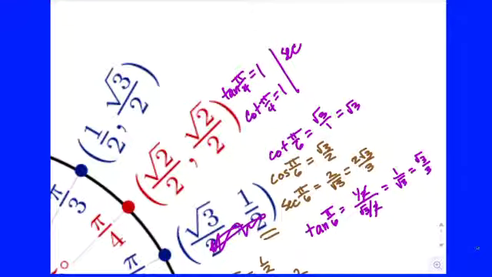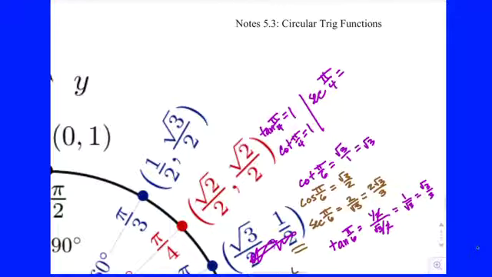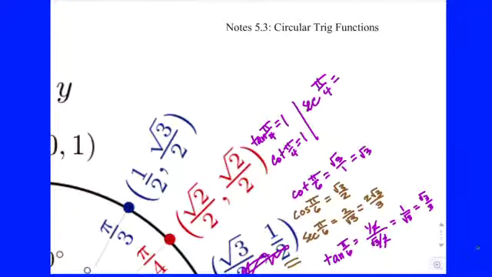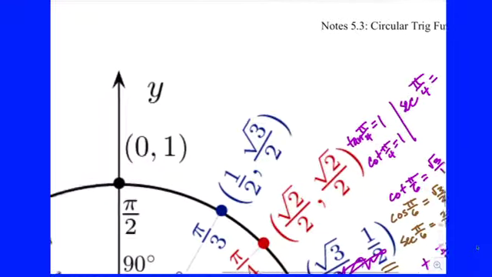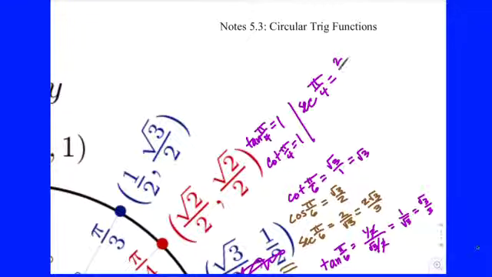How about secant of pi over 4? Which one are we flipping for secant? The x or y? X. It's the reciprocal of cosine. Well, what do you get when you flip square root of 2 over 2? Let's do it together. You get 2 over the square root of 2, yes?